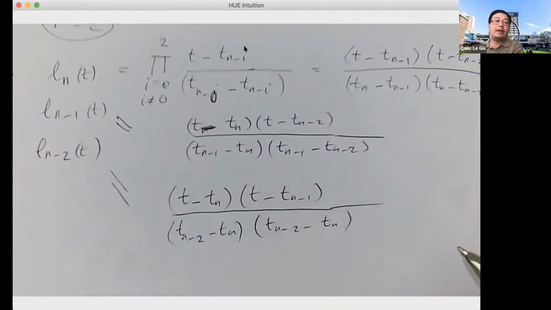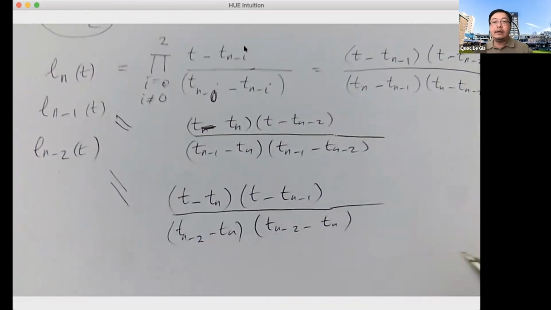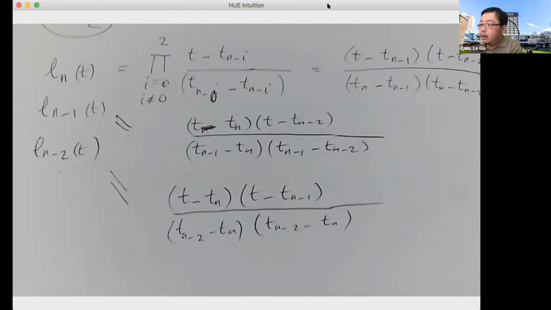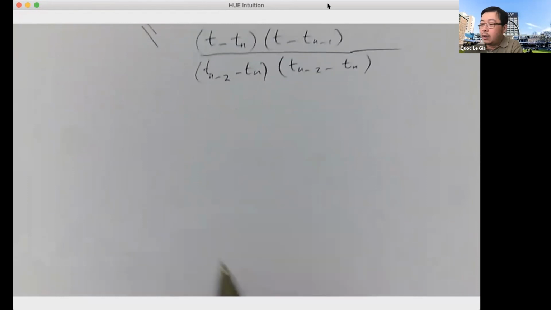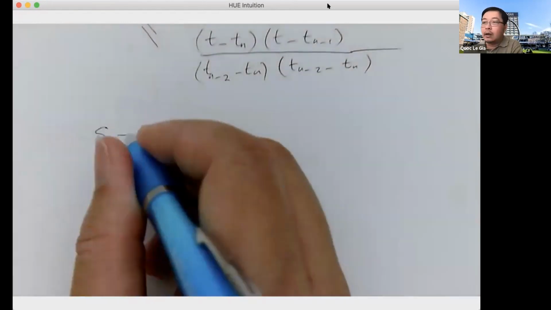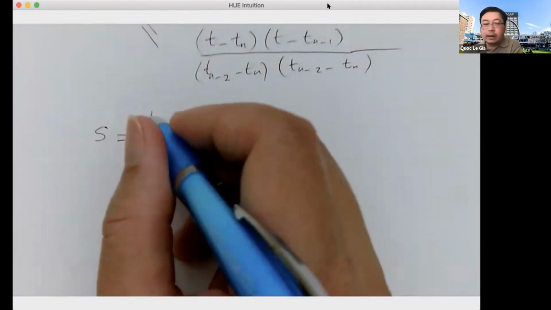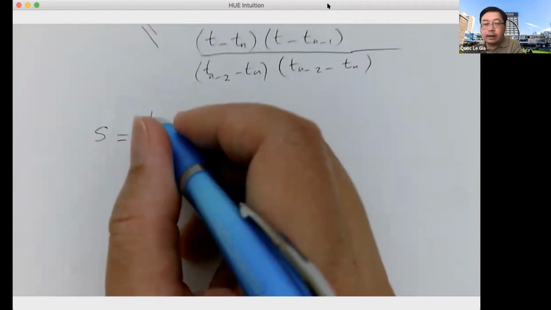Okay, so that is the Lagrangian. And then the next step is how do you convert into L star of s? Suppose I put s is t minus t_n over h.